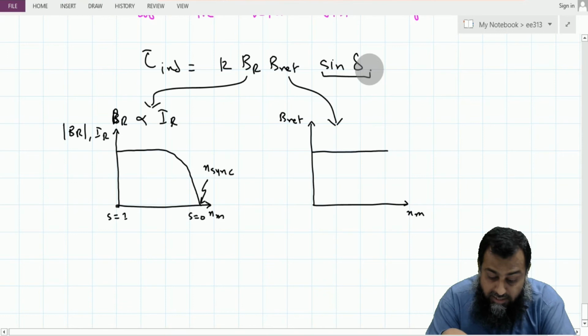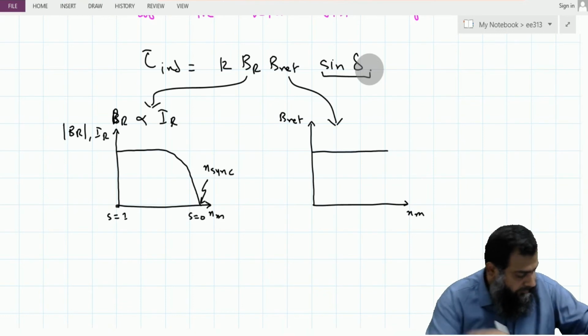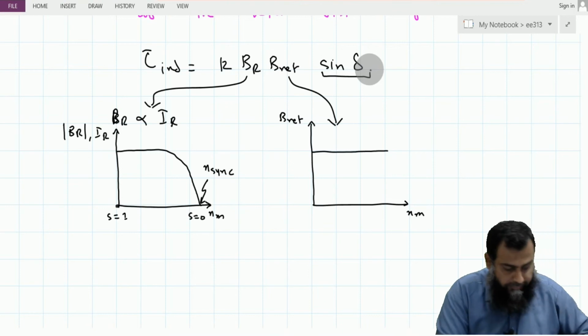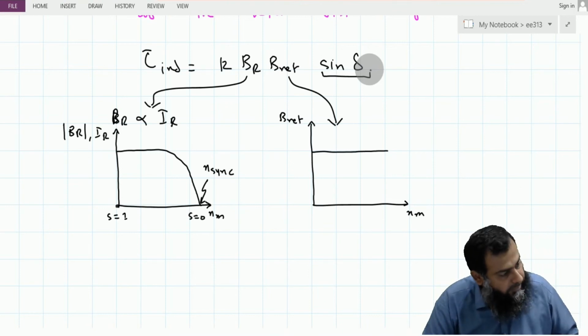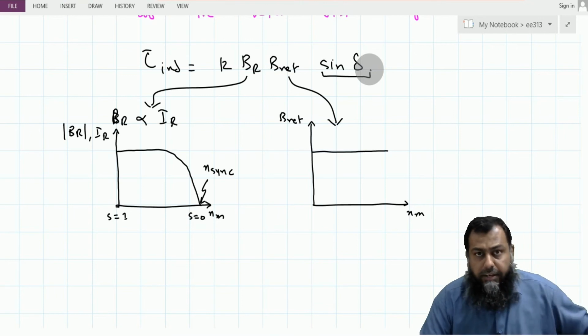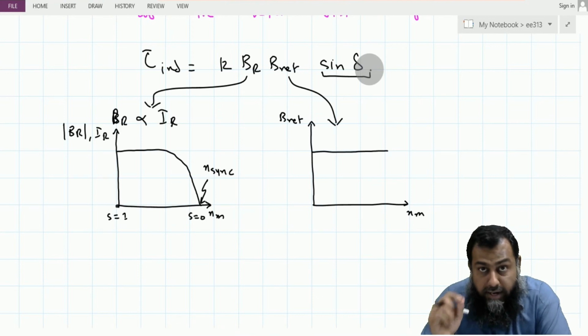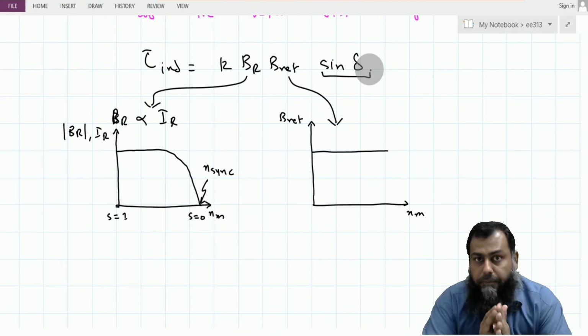Now this sin delta, where delta is the angle between the rotor magnetic field B_R and the net magnetic field which is present in the motor.